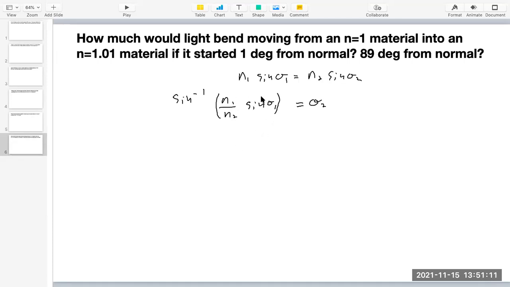We're just dividing the sine of our first angle by 1.01, and we take the inverse sine. So if we start at 1 degree from normal, we end up at 0.99 degrees from normal. So that is a bend.